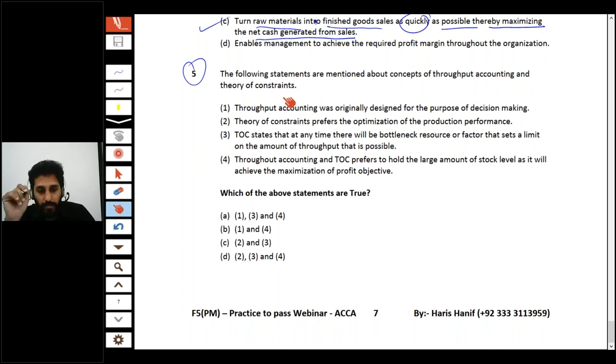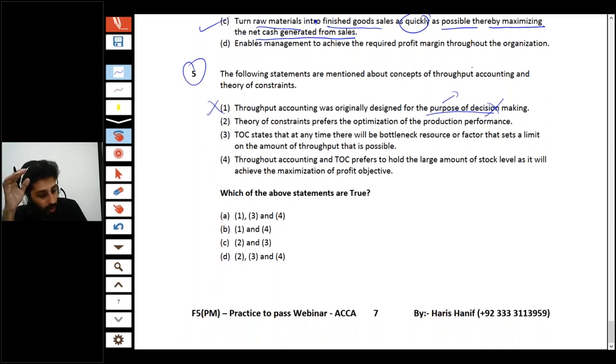Number 1, throughput was originally designed for the purpose of decision making. It's a cross. It's not for decision making; it's for the purpose of performance measurement, right?